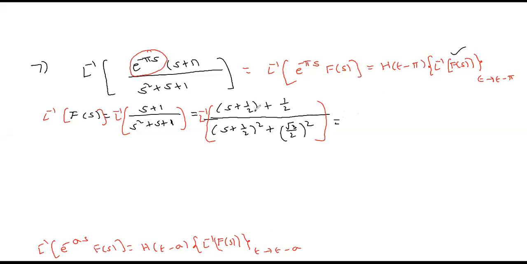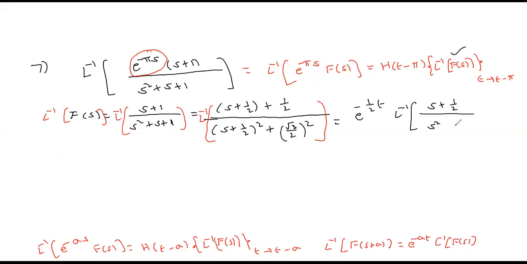Now what is a here? 1/2. So this is e^(-1/2 t) into L inverse of (s + 1/2)/(s² + (root 3/2)²).